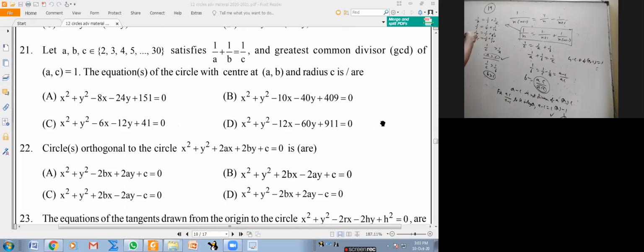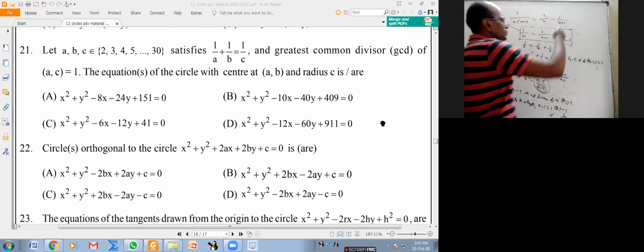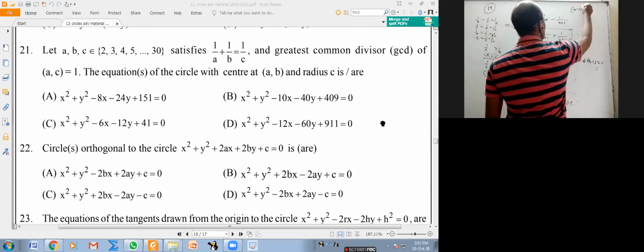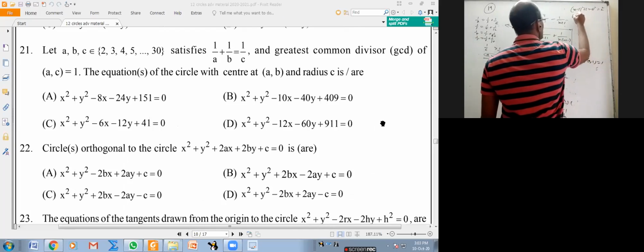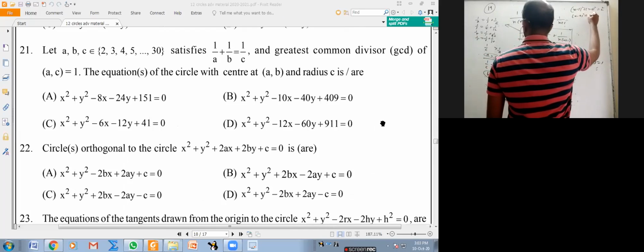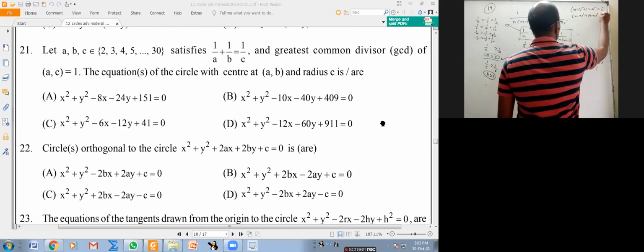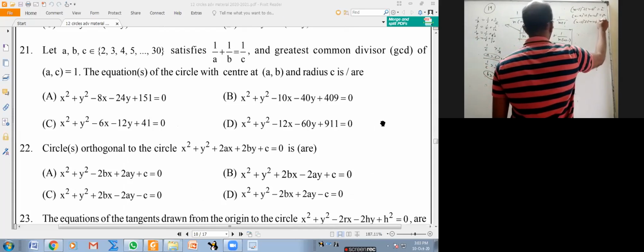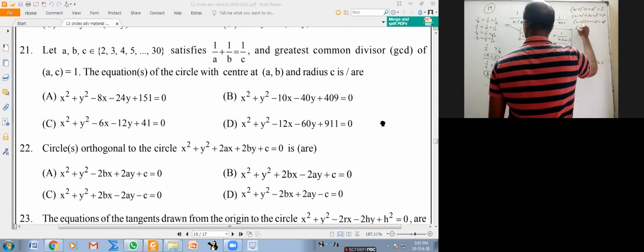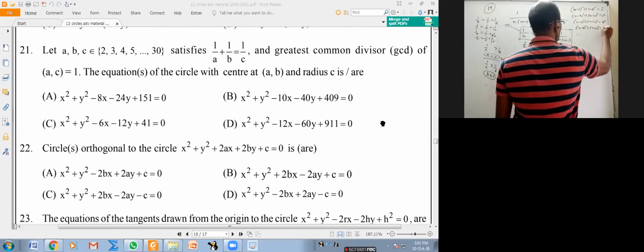So the first one will give us x minus 3 whole square plus y minus 6 whole square equal to 2 square. Second one, x minus 4 whole square plus y minus 12 whole square equal to 3 square, x minus 5 whole square plus y minus 20 whole square equal to 4 square, x minus 6 whole square plus y minus 30 whole square equal to 5 square.